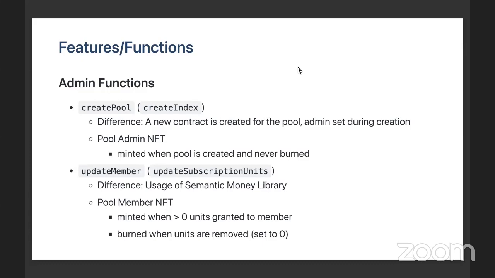The difference is that a new contract is created for the pool, and the admin is set during creation, in the sense that you can choose who the admin of the pool is, whereas in the IDA, the message sender from the context is the admin of the index. And the admin is the individual that can both update member units and is also the receiver of the adjustment flow rate.